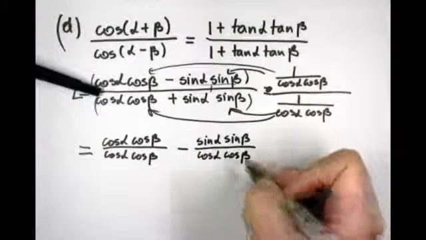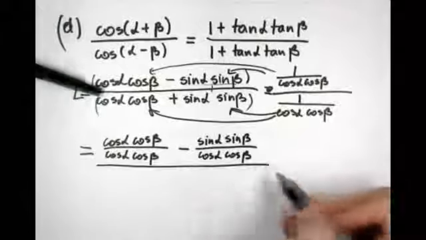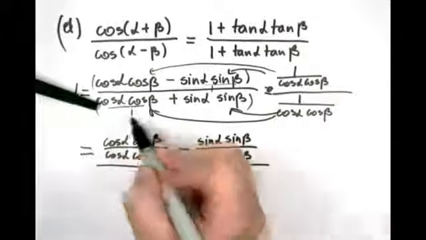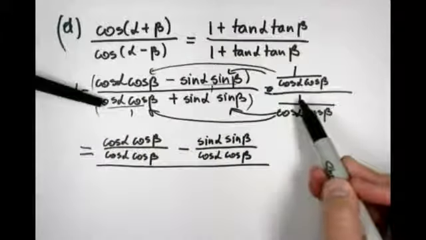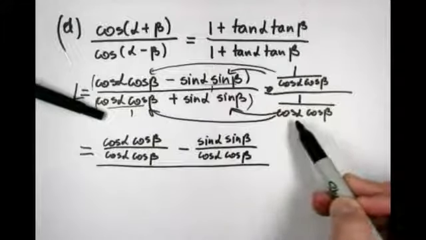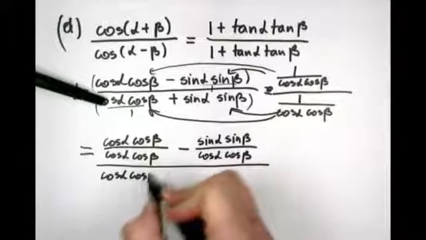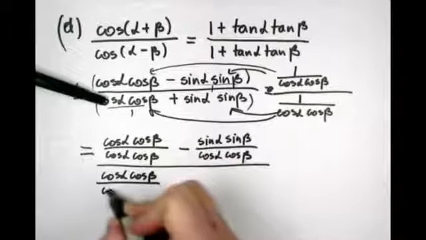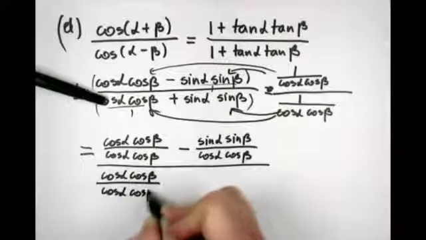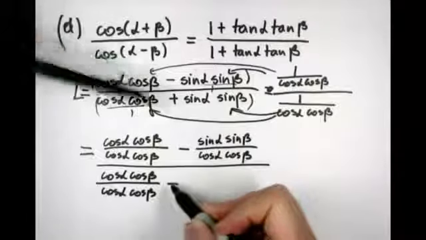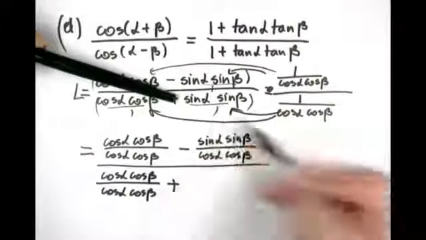And then I have everything all over, and the same story here. This is like over 1, so cos times 1 and 1 times cos, cos. So we have cos alpha cos beta over cos alpha cos beta, plus, and this is the same, like over 1.